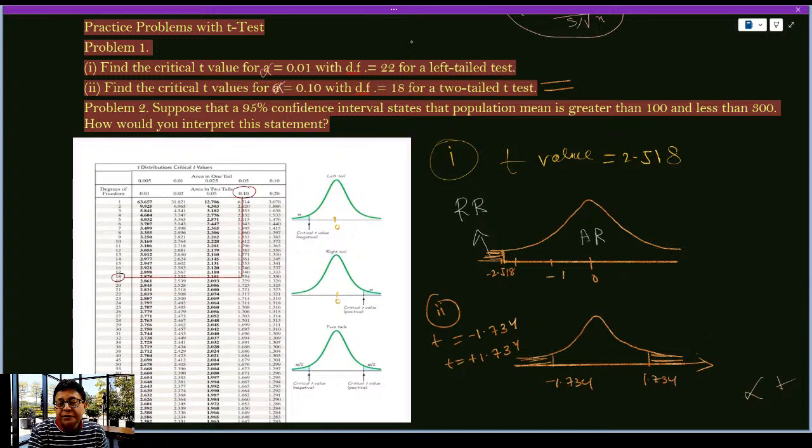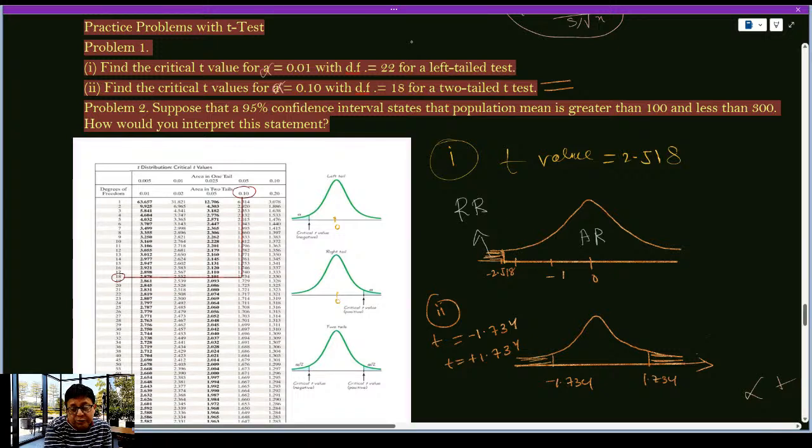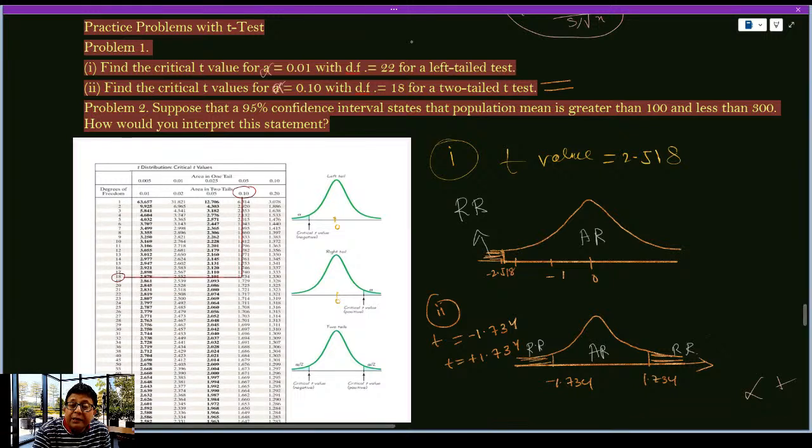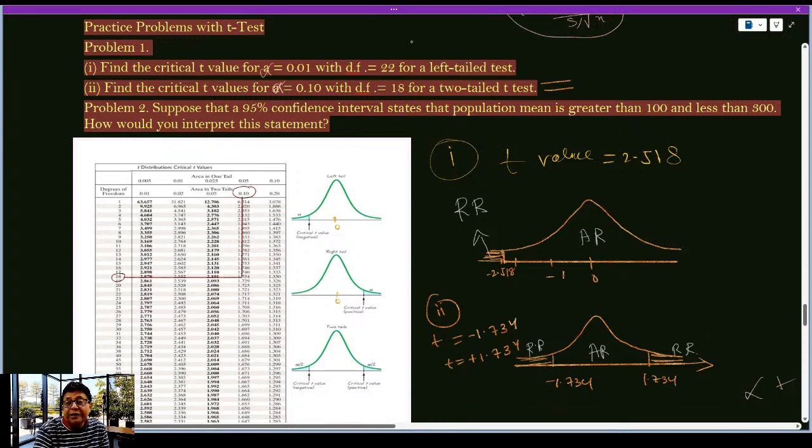Here, if it is below minus 1.734 or on the right side of 1.734, then that will be rejected region, RR. But this will be accepted region. Anything lying in between these two, which you get by using this statistic, S by root n, will be accepted.